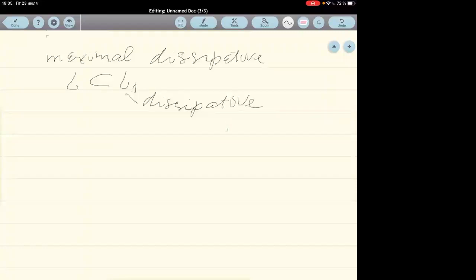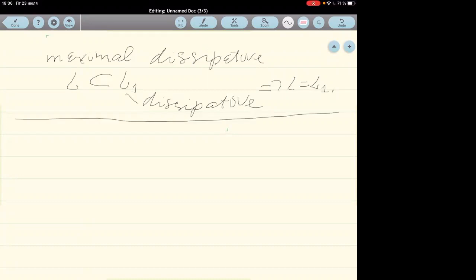It means that we can enlarge the domain of the operator L. So if it has a dissipative extension, then L must be equal to L1. Such dissipative operators are called maximal dissipative operators.